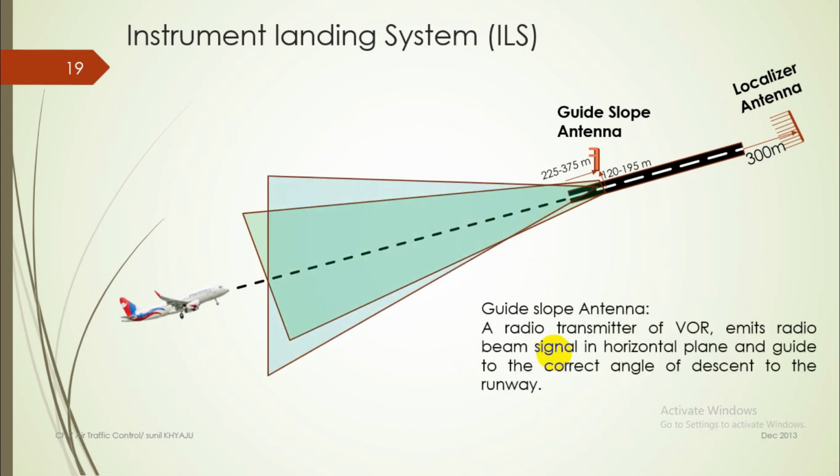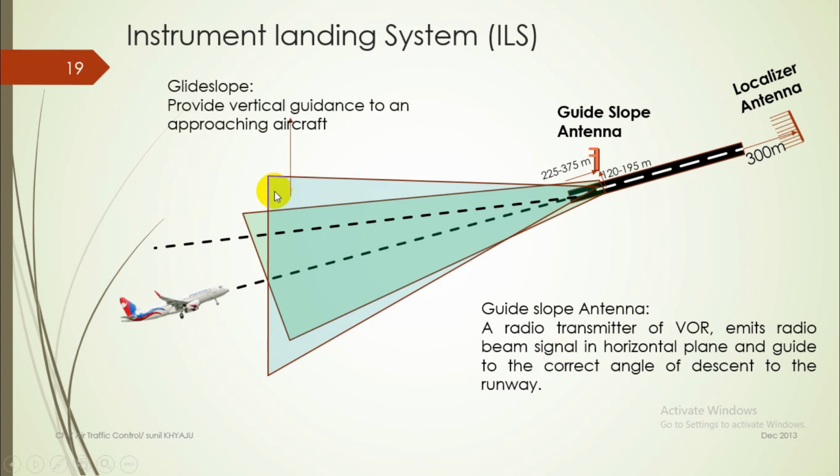Similarly, the glide slope antenna. The glide slope antenna is also a radio transmitter of very high frequency omnidirectional range and emits a radio beam signal in the horizontal plane and guides to the correct angle of descent to the runway. These are the radio beam signals produced by the glide slope antenna, which provide vertical guidance to the approaching aircraft.